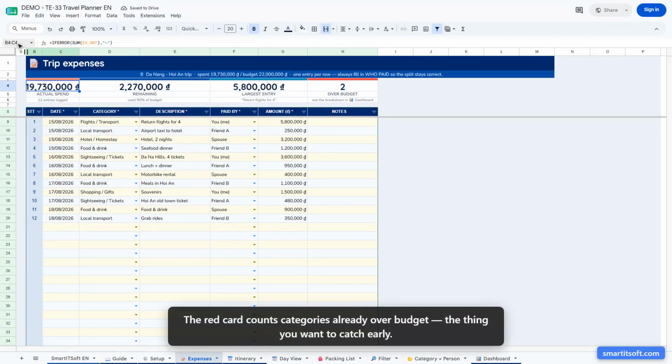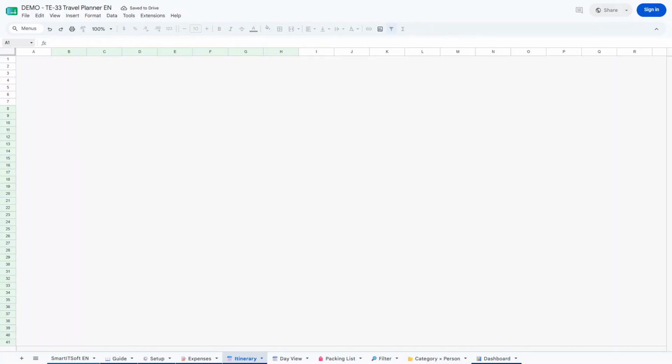The red card counts categories already over budget. That is the thing you want to catch early.